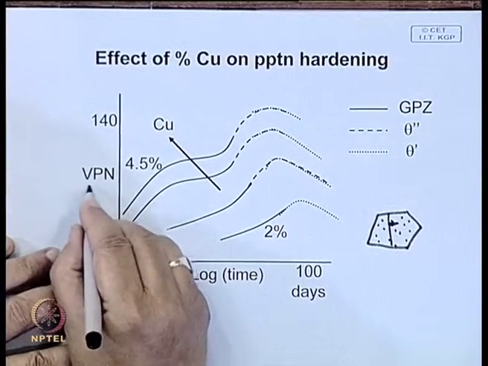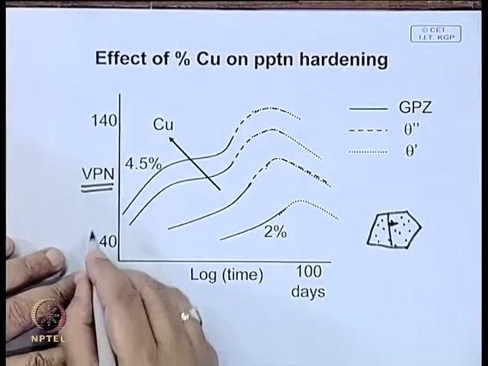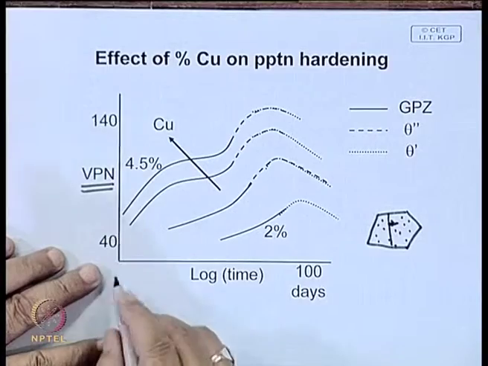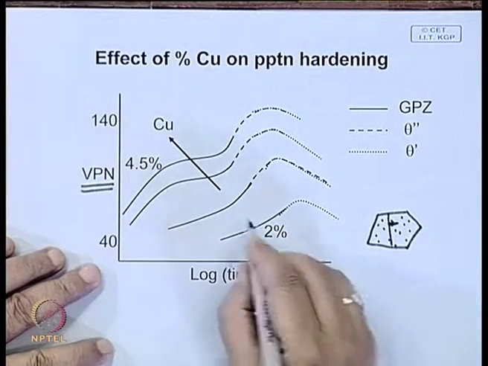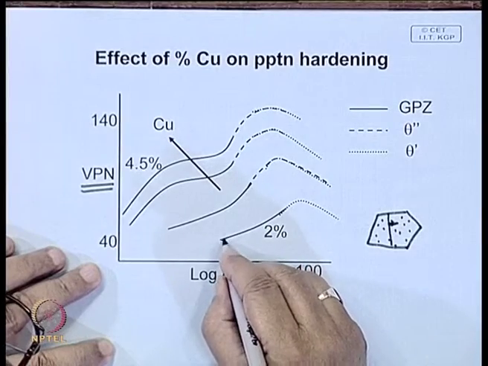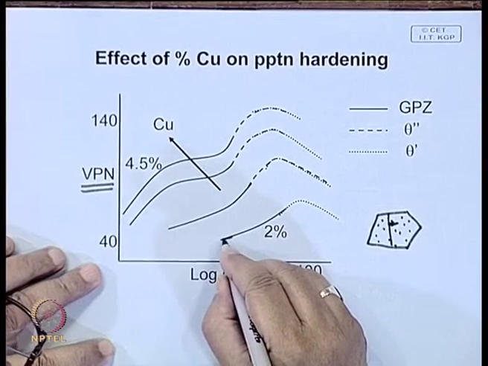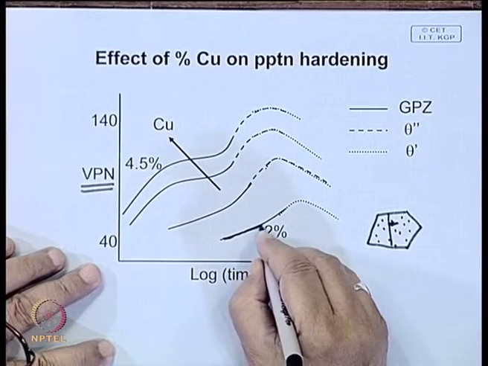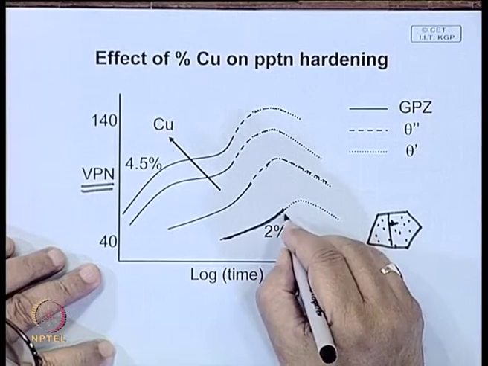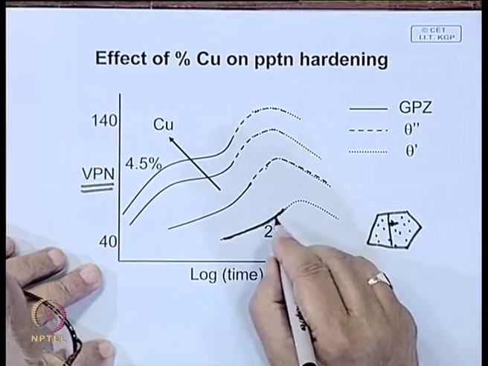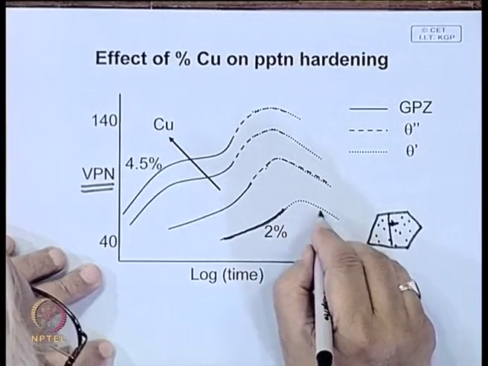And if you measure hardness, usually the hardness is measured in Vickers pyramid number, which is shown over here. So, if that alloy has 2% copper, you possibly find that here the alloy composition is such. If you go back to the previous diagram, you will see that possibly you will have GP zone, and after that you will have theta prime.